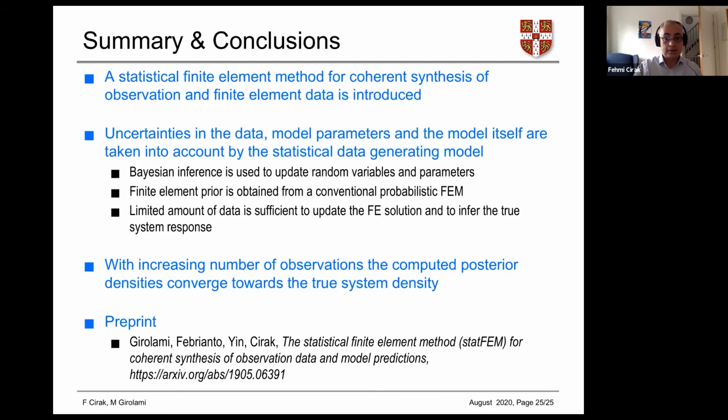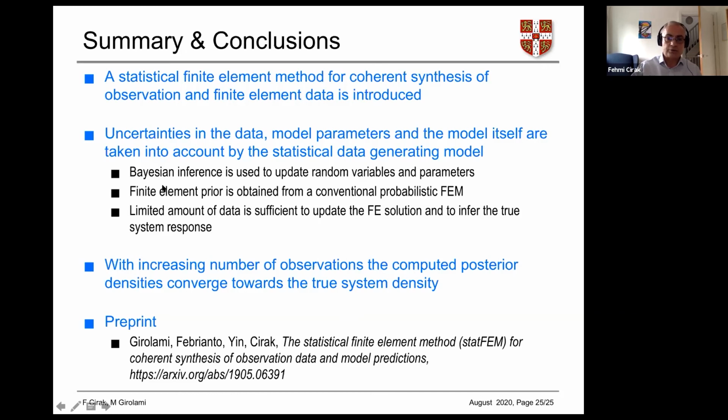We postulate a statistical data generating model, which is able to take into account all uncertainties in the data, model parameters, and the choice of the physical model itself. The uncertainties are modeled as random variables, and we use Bayesian inference to update these random variables and parameters after we see the data.